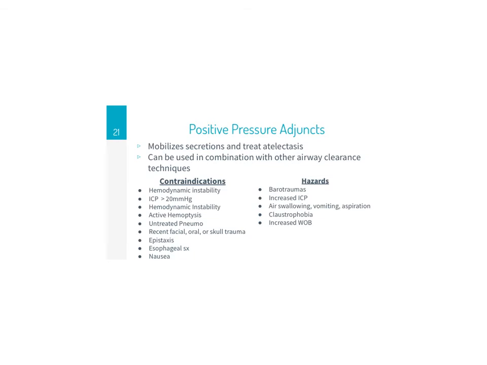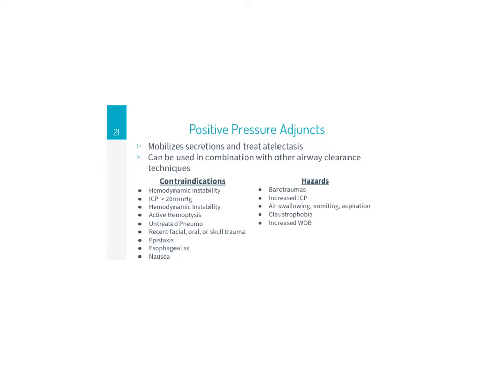So we are moving on to positive pressure adjuncts. What patient population would benefit from a device with hyperinflation, so adding that pressure and inflating the lungs, and mobilizing secretions? Post-op patients, because remember, in the OR, they are under anesthesia, so they're under those drugs which inhibit the mucociliary escalator.